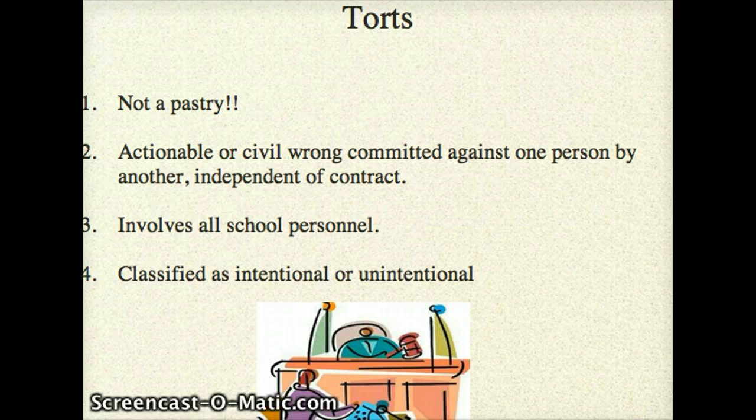A tort may involve liability affecting school personnel, involving a teacher, a principal, or even a school board member, depending on the circumstance. Plain and simple, a tort is committed when an act you perform or fail to perform violates someone's rights. Torts can be classified as intentional or unintentional.